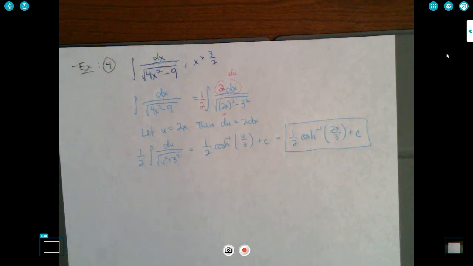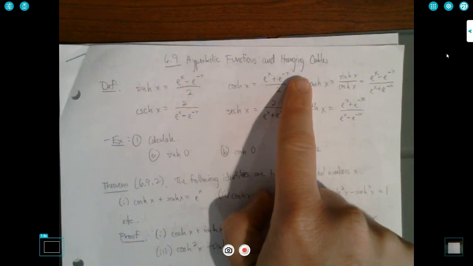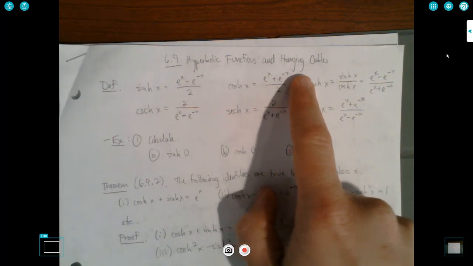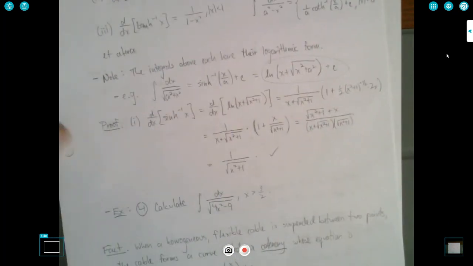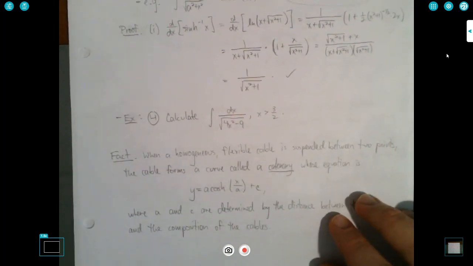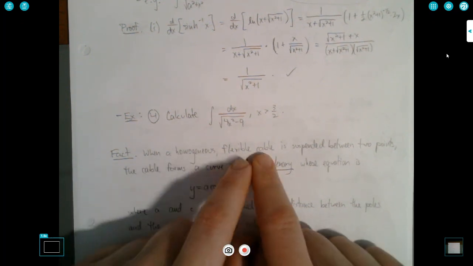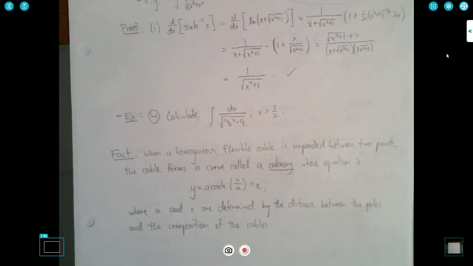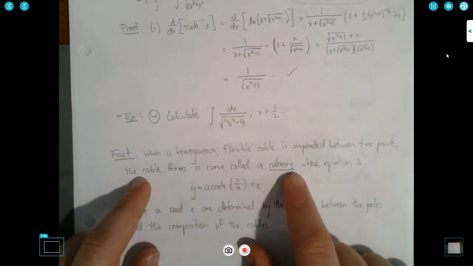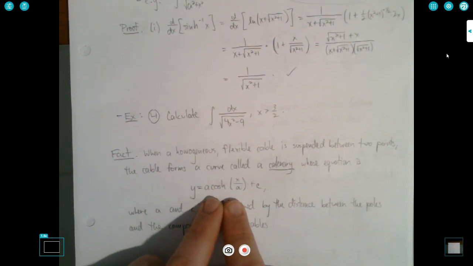So those are the hyperbolic functions. Now, again, the name of this section is Hyperbolic Functions and Hanging Cables. So let's talk about why hanging cables. It turns out that whenever you've got a homogeneous, meaning same density, same thickness, flexible cable that you suspend between 2 points, like telephone poles, the cable forms a curve that we call a catenary, and the catenary has an equation of the form y equals a cosh x over a plus c.